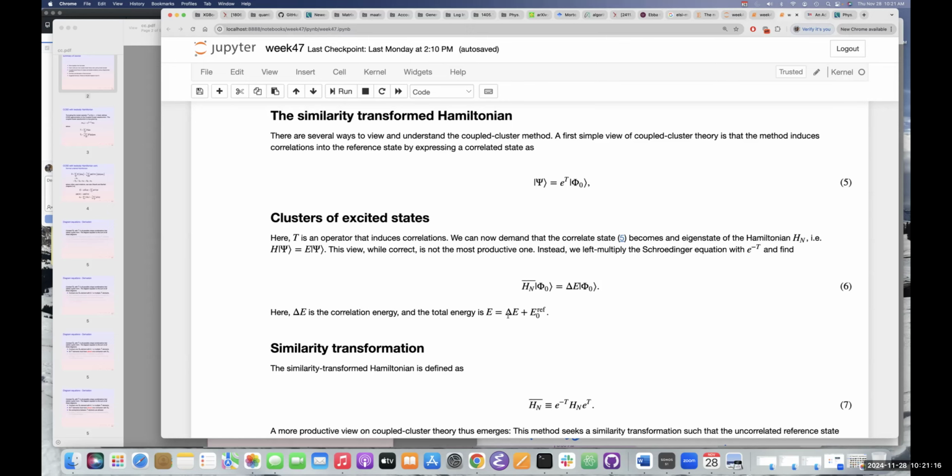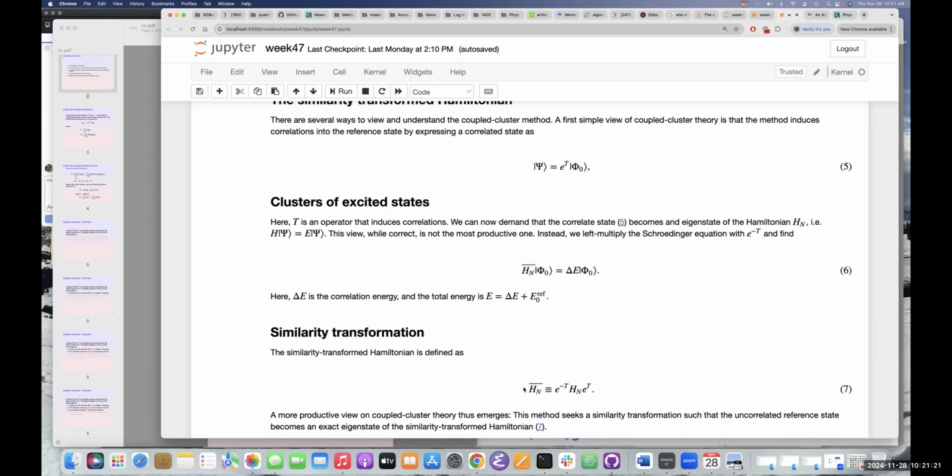So we have an expression for delta E. When we did that, we defined this Hamiltonian in terms of this coupled cluster amplitude or exponential ansatz. And then we could define a transformed Hamiltonian through this specific similarity transformation.